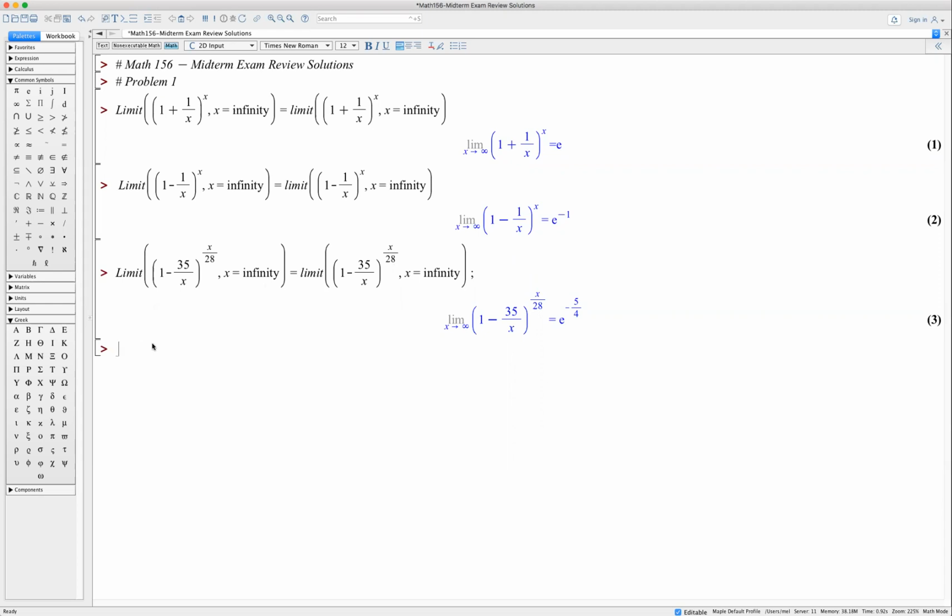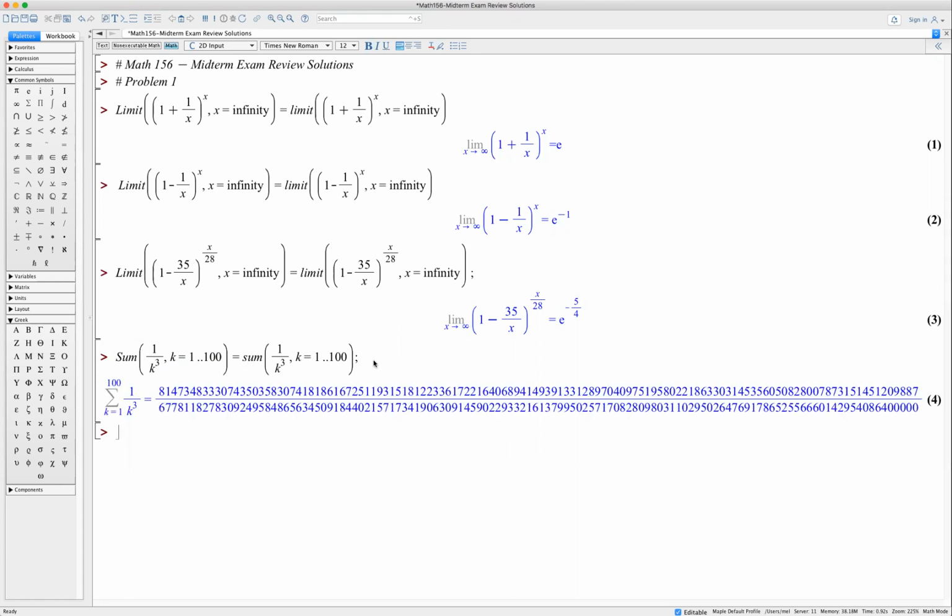We have two series. We take the sum of 1 over k cubed, k goes from 1 to 100. When I write sum with a capital S, again, it just states the problem. And if I write sum with a lowercase s, I get the answer.